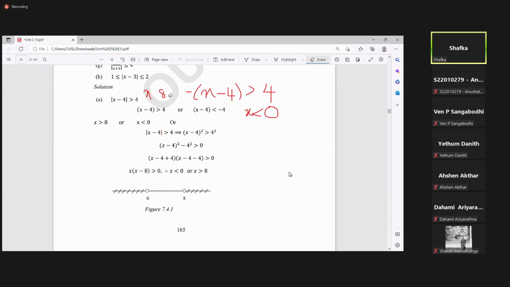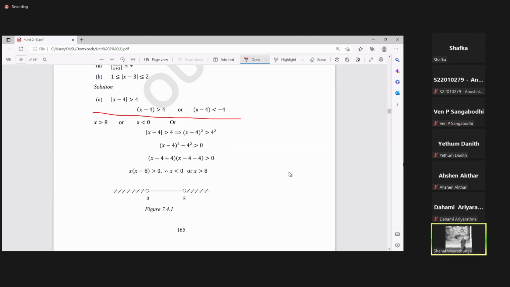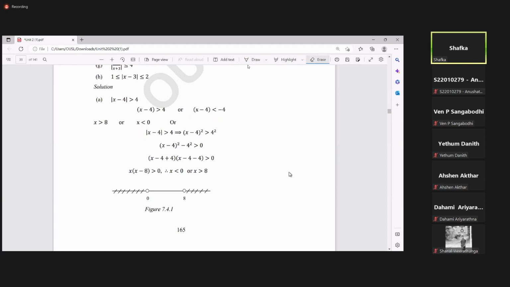There's another way to simplify that also. Can you understand how to simplify by considering two different inequalities? When you take the square of both sides, the inequality symbol won't change, because this side is also positive.